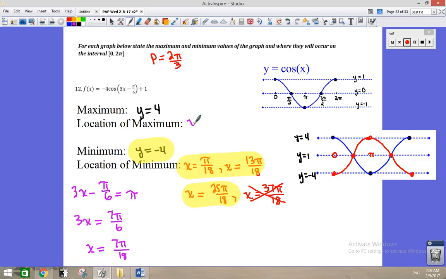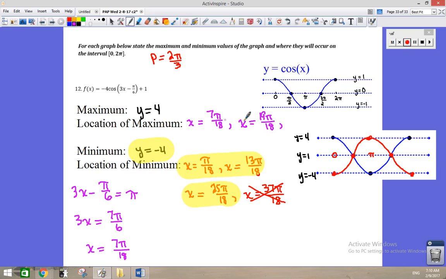So I've got 7 pi over 18. Now, we know that if we add 12 pi over 18, that is 2 pi over 3, we'll be at the next maximum. So the next maximum is going to occur at 19 pi over 18.